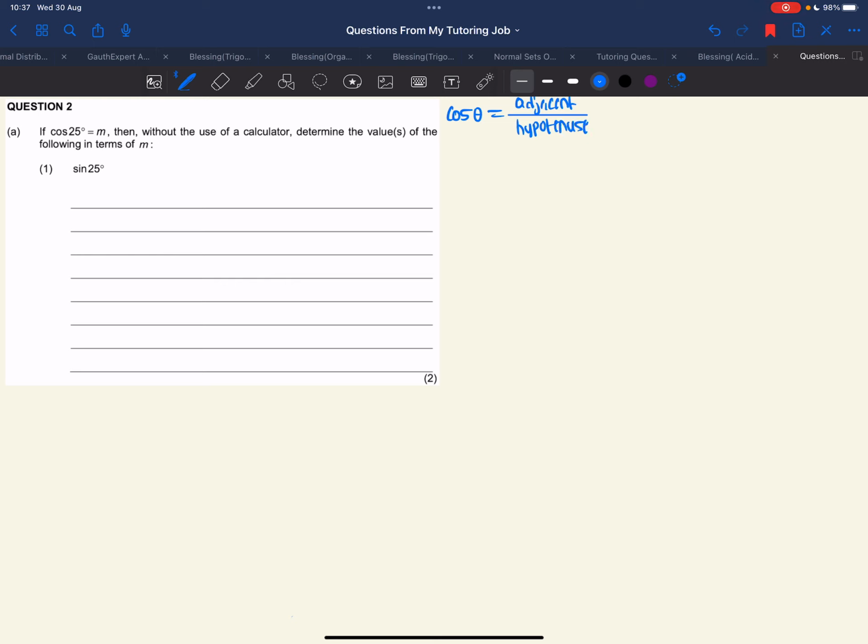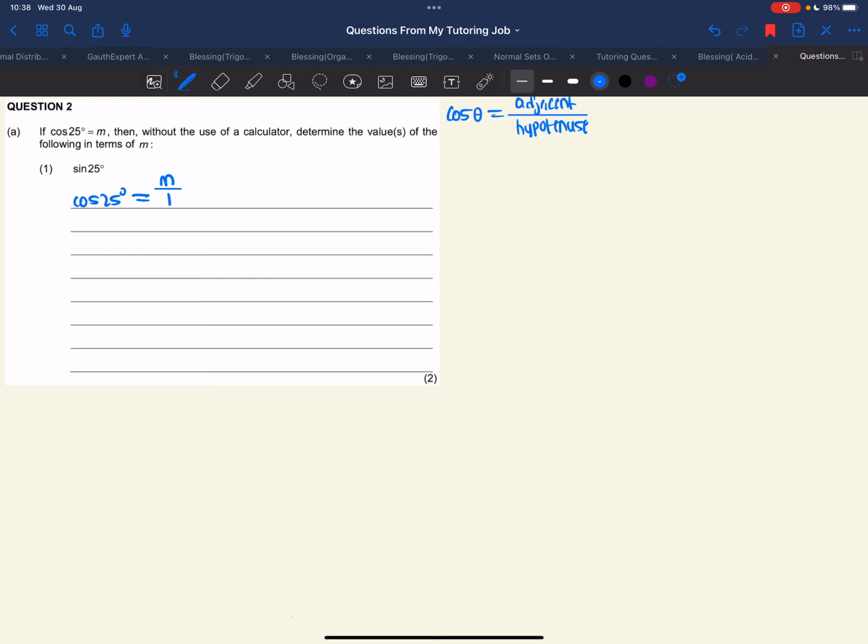Now, if we were given that cos of 25 degrees is equal to m, basically this means that cos of 25 degrees is actually equal to m over 1. So our adjacent side is going to be m, and our hypotenuse is going to be 1.